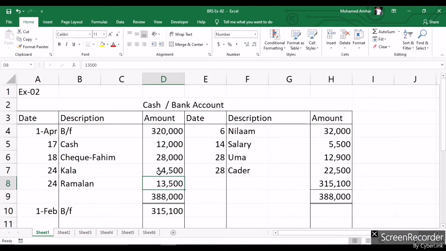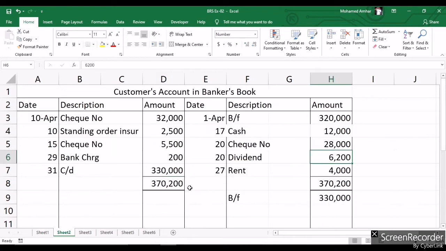But these two checks wouldn't be shown in the customer's account maintained by the banker, because it says the two checks were unrealized until the end of the month. So we can't see that in the customer's account maintained by the bank.